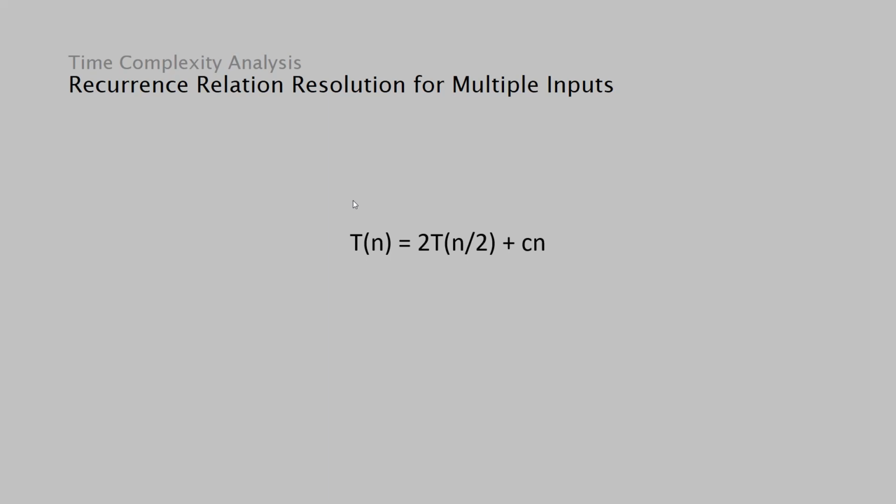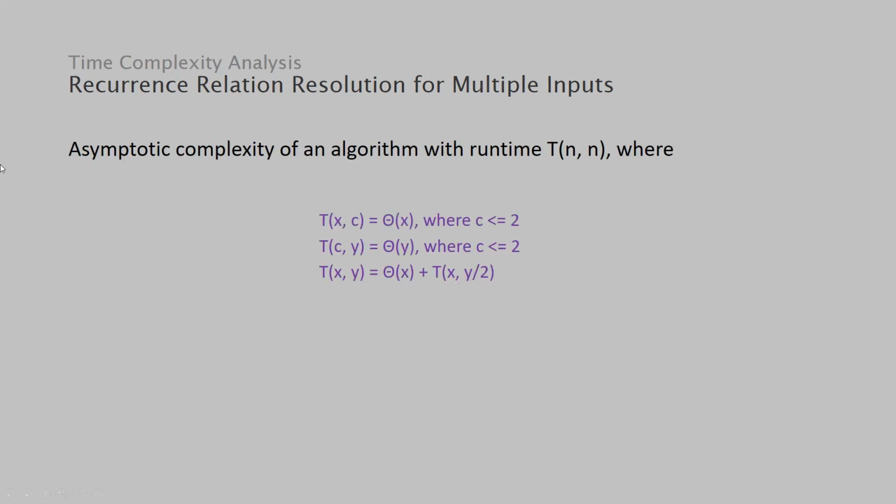So let's see the question first, the problem. We need to find the asymptotic complexity of an algorithm with runtime T of x and y, where T of x and c, so two inputs, x and c is a constant because c is less than or equal to 2. When the first input is relatively large and the second input is very small, equal to 2 or less, then the time complexity will be theta of x.